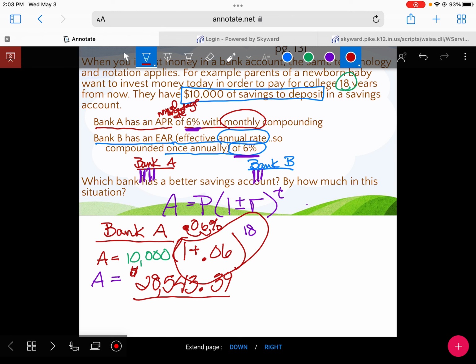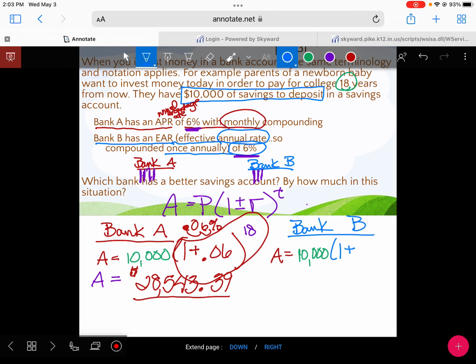All right, let's figure out Bank B. So we start off the same. A equals, do we have the same amount initially? Yes, we do. $10,000 times 1. It is increasing, so that's a growth. Now, this is where it goes different.